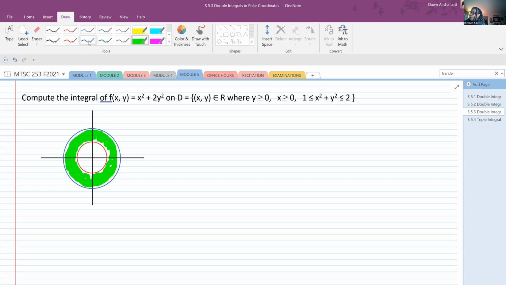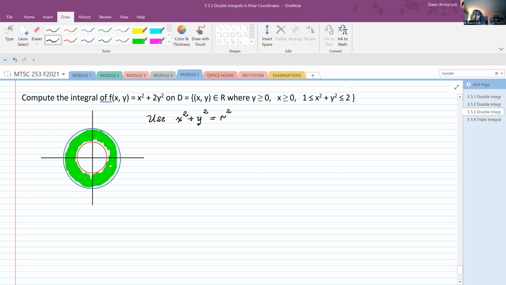Okay. So the reason why I would want to use polar coordinates is because anytime I have a circular region, I want to use the fact that x squared plus y squared is r squared.